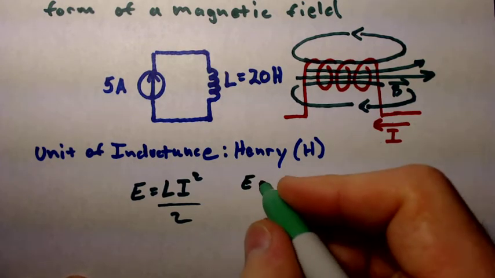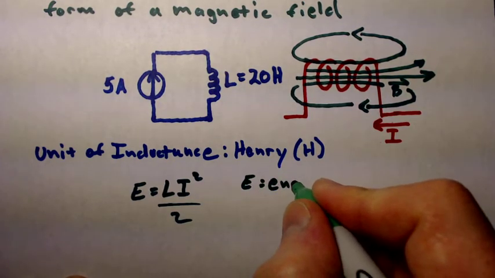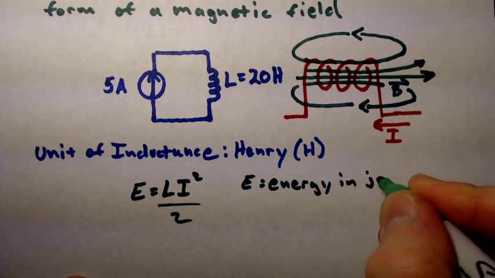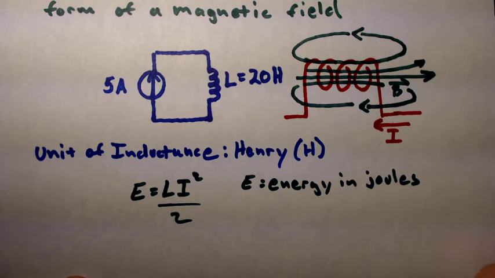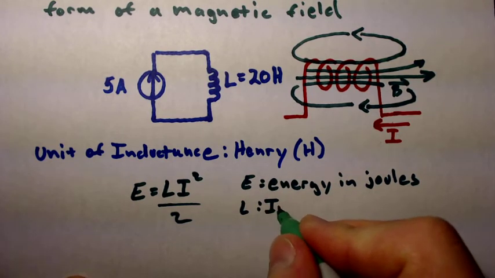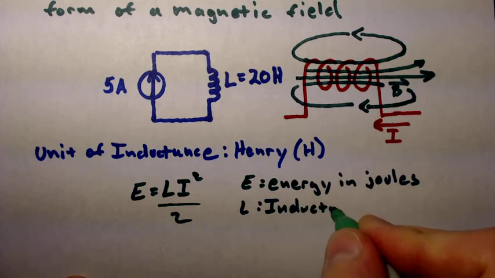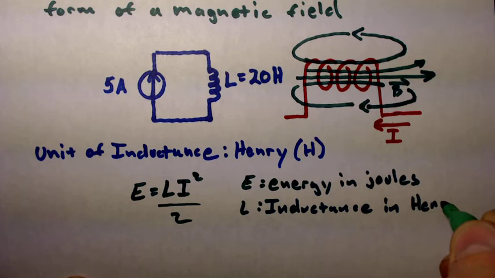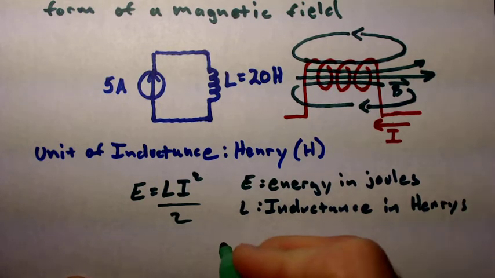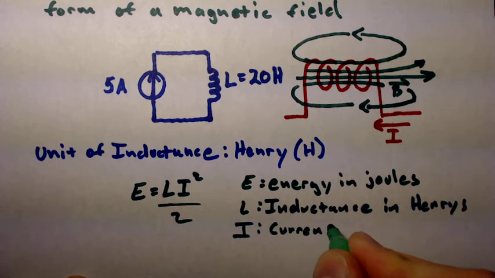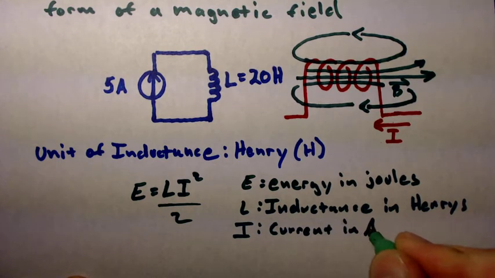Now, E is energy in joules. L, inductance in henries. And I is current in amps.